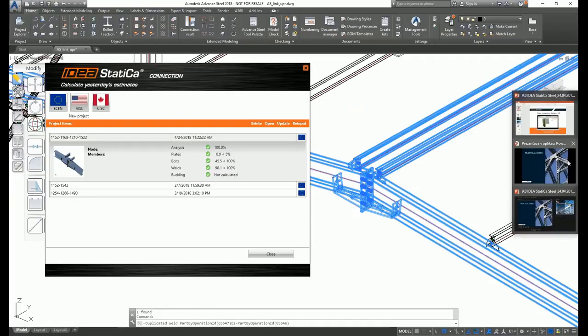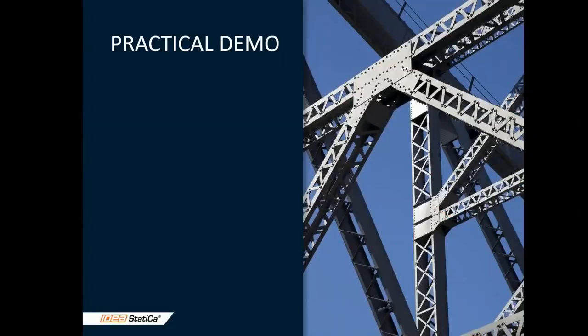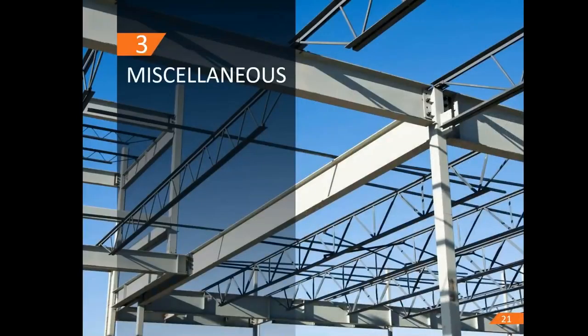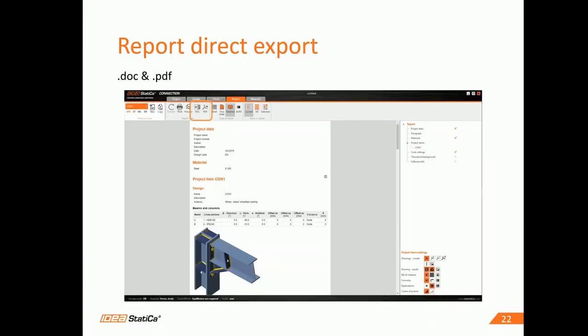Let's proceed back to our presentation, and we will talk about other improvements. Another improvement is direct export of the report to the formats Microsoft Word document and Adobe PDF.